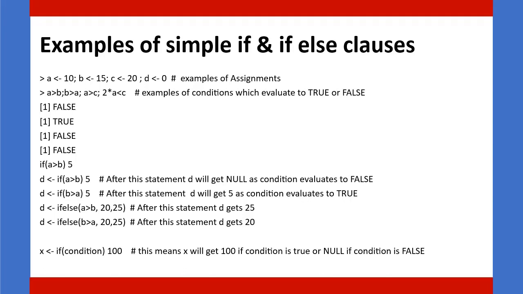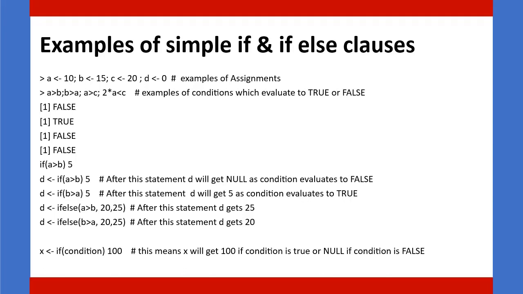Now we will come to the if clause. In the if clause, we are asking A greater than B and then 5. It means, if A greater than B works out to be true, then 5 is the result of this whole expression. If not, then in that case null is the result.